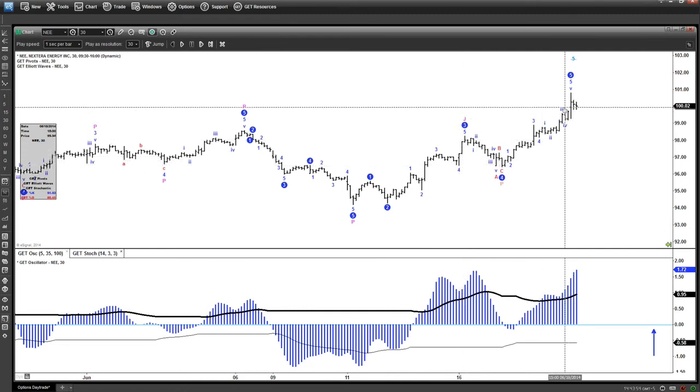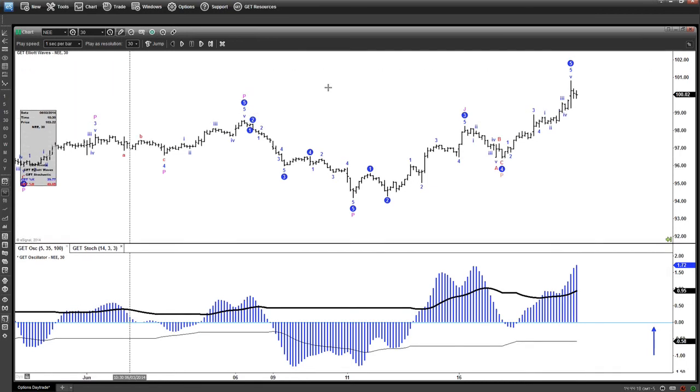The key of wave 5 is this. If that wave 5 has the best chance of this market stopping the trend, wave 5 should make new highs with less strength. This is where the divergence really needs to come in. Divergence means this, different. The market is making a new high.